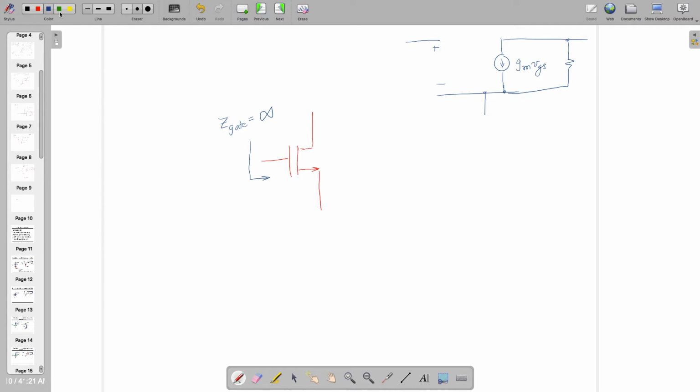Now tell me, if I am looking into source, what is the impedance? 1 by GM. Let's make it 1 by GM in shunt with RO. However, I can approximate this to 1 by GM.